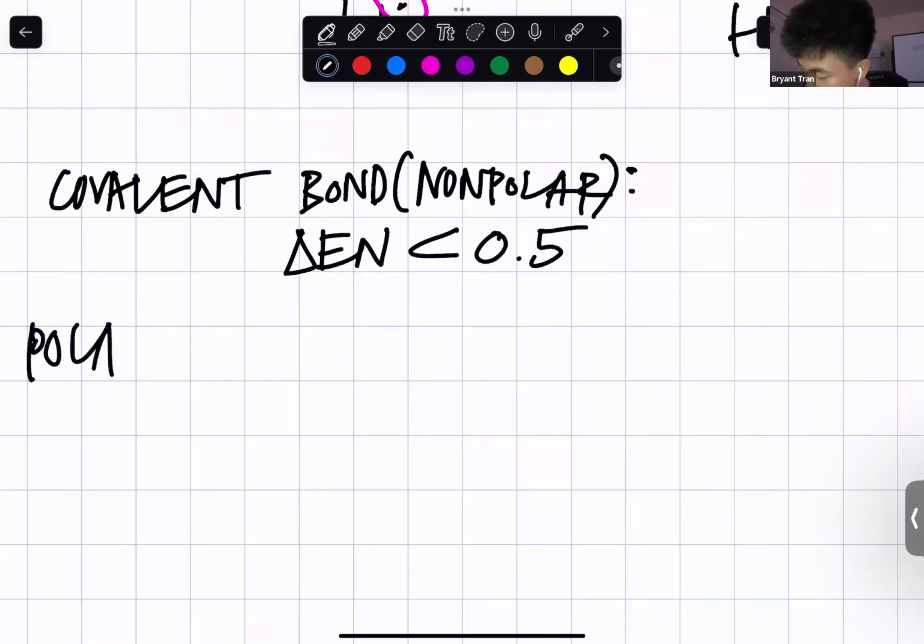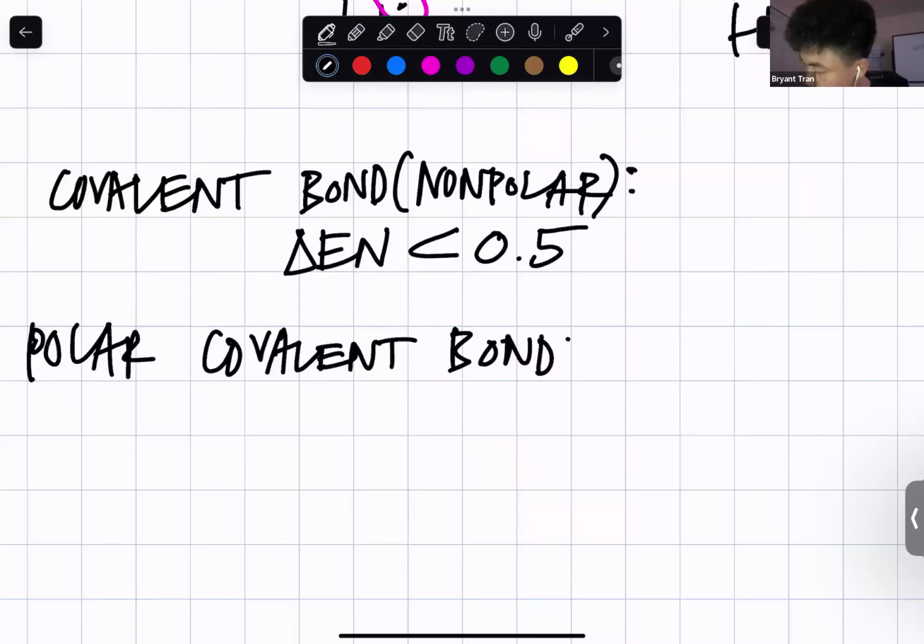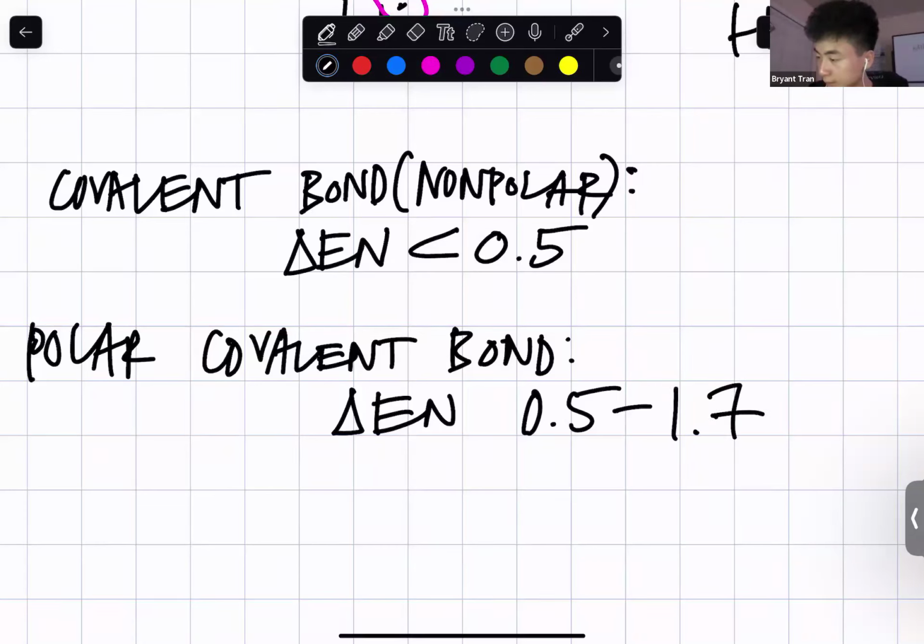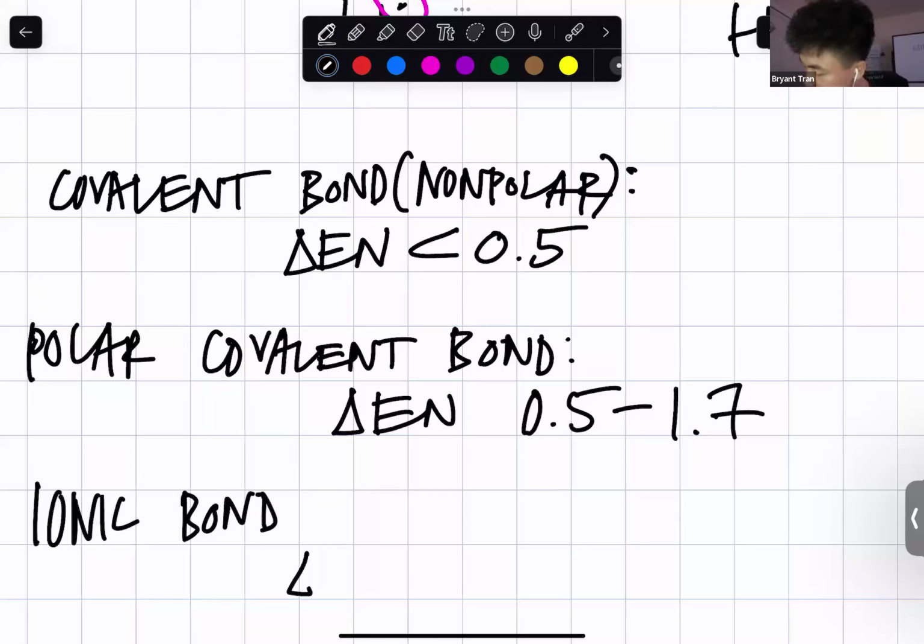A polar covalent bond is going to have a difference in electronegativity between 0.5 to 1.7. And for an ionic bond, the difference in electronegativity is going to be greater than 1.7.